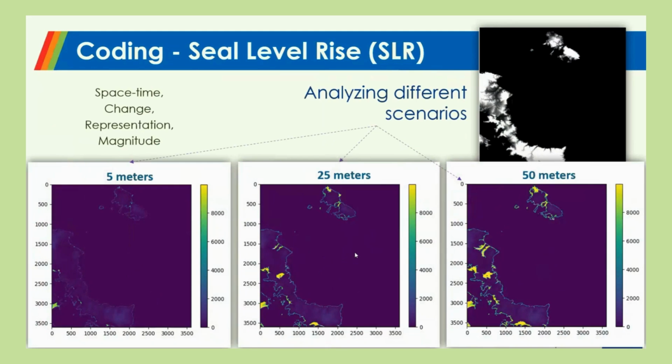This is an area in Evia and Skiros Island, and how the area will change with 5 meters, 25 meters and 50 meters sea level rise. Okay, 50 meters, it's impossible. It's a biblical disaster, but for students, it might be fun.